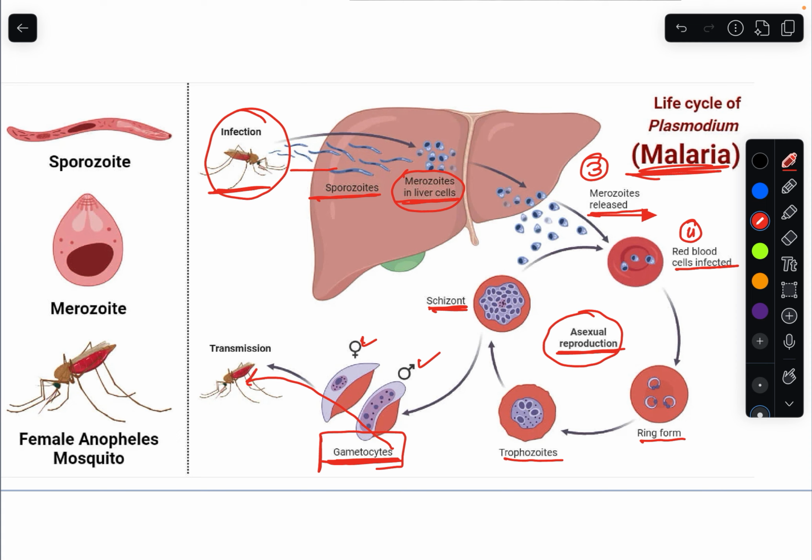In the gut of the mosquito, these gametocytes are converted into sporozoites again, and then these sporozoites move toward the salivary glands of the mosquito, and when this mosquito bites another person, they release sporozoites into the circulation. So this cycle is repeated again and again, and this is how plasmodium and malaria is spread.